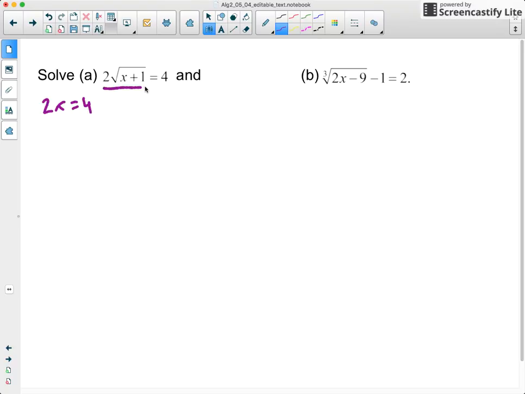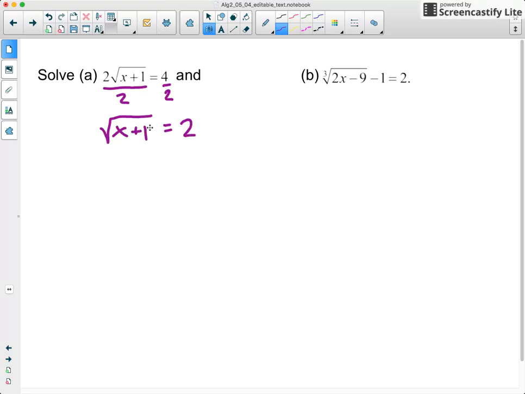Do the same thing here. So we'll divide this by 2 and divide the 4 by 2. And I'm just going to erase this because I don't want it to be confusing. And we're left with the square root of x plus 1 equals 2.